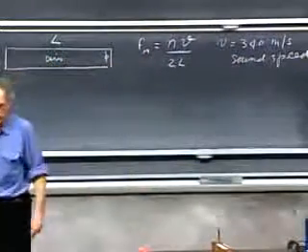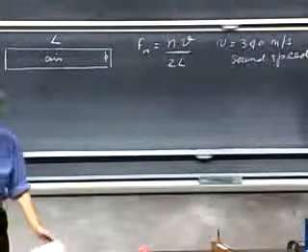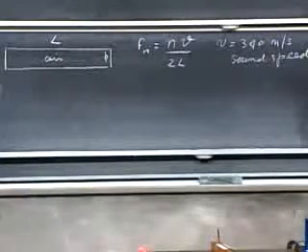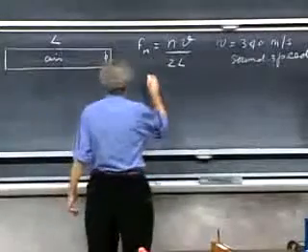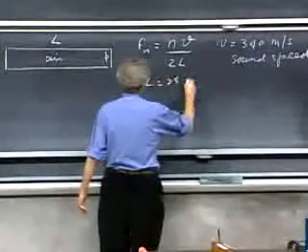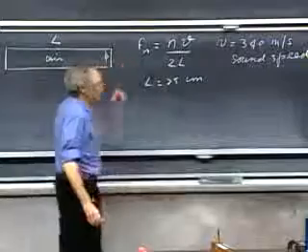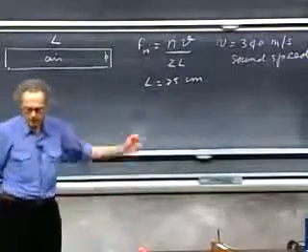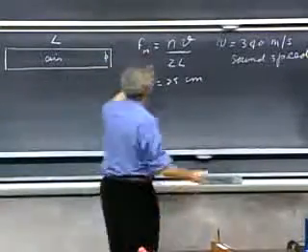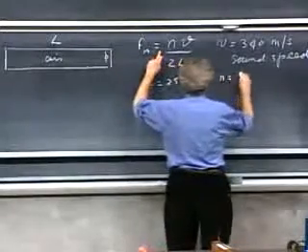In other words, if an instrument produces a certain frequency, let us say that L equals 25 centimeters, then you can calculate the frequency f1. You know what the speed of sound is, 340. So we take n equals 1.